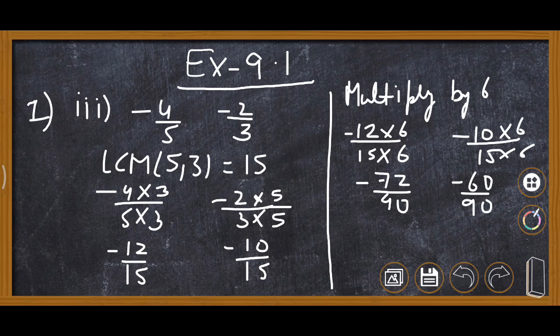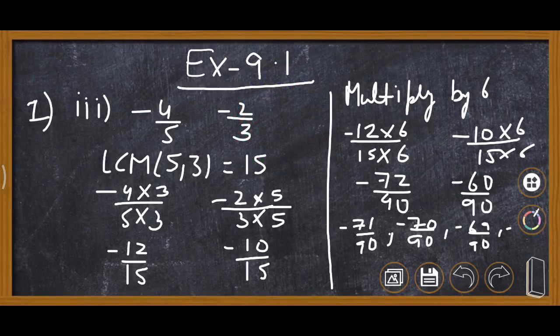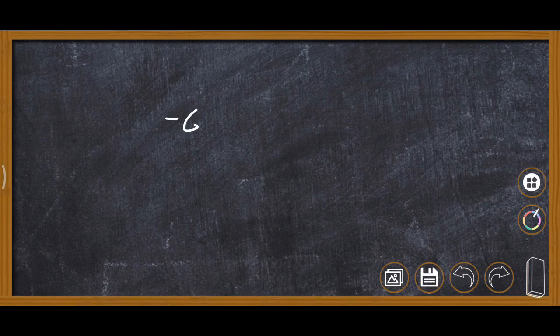Now if you are writing this, then 5 rational numbers between them are -71 upon 90, -70 upon 90, -69 upon 90, -68 upon 90 we can write, and -67 upon 90. So here you can see 5 are complete.